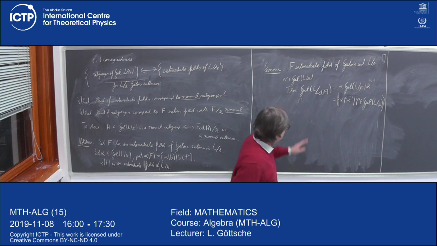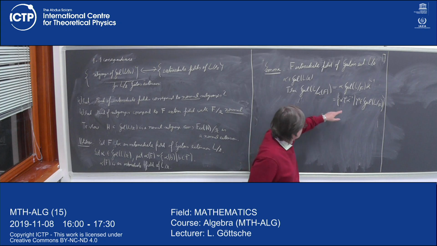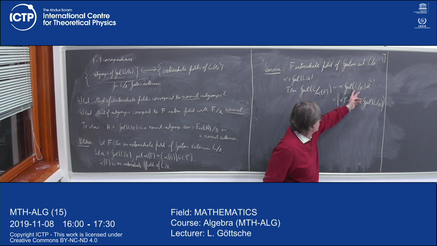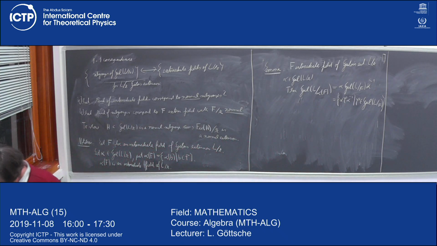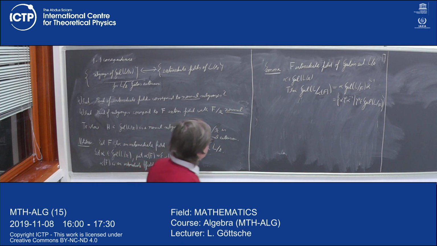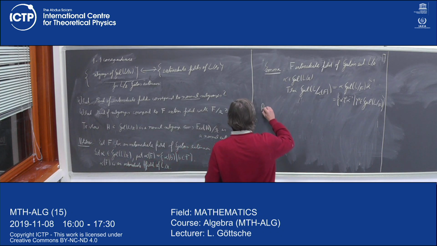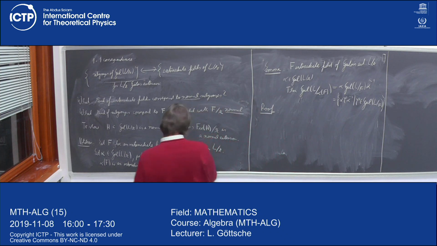So if we move F by an element in the Galois group, the Galois group of this corresponding group gets conjugated by that element. And this is almost trivial. You just have to write down what it means.